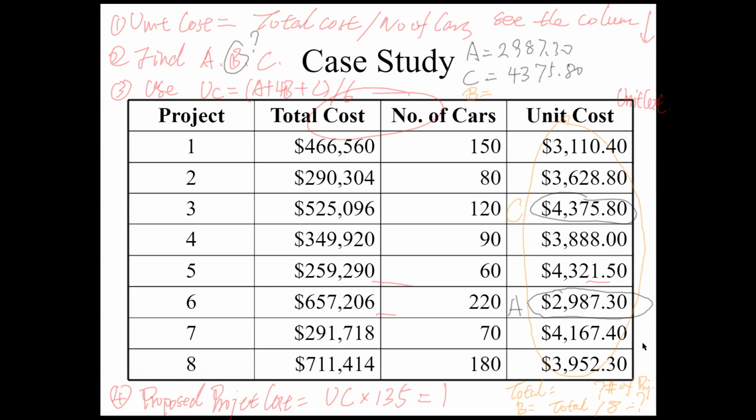So B is equal to the total divided by the number of projects. So add those unit costs together, divided by 8, yes.